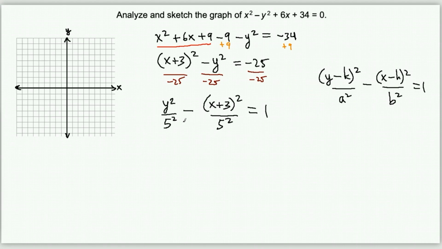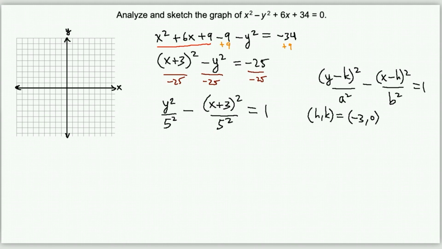And then h and k determine the center. So what is h, k in this case? There's no minus k here, so obviously k is equal to 0. But what about h? Minus h is equal to positive 3, so h is equal to negative 3. So minus 3 comma 0 is the center.